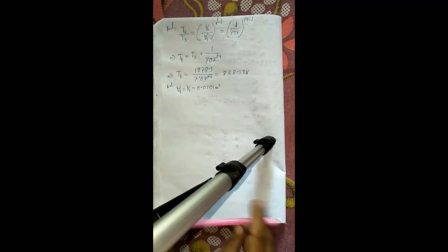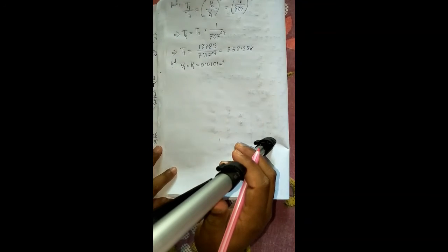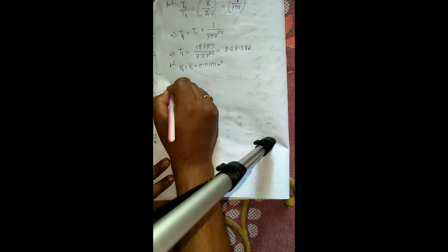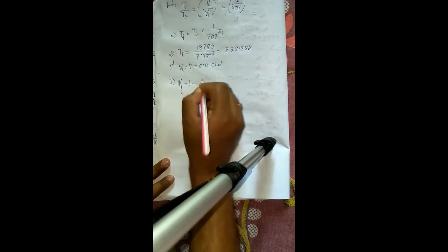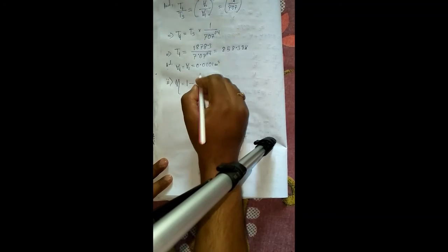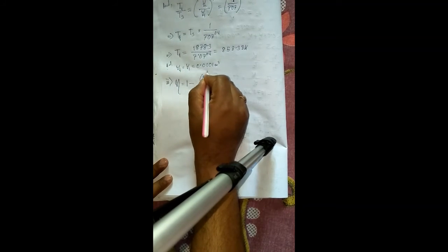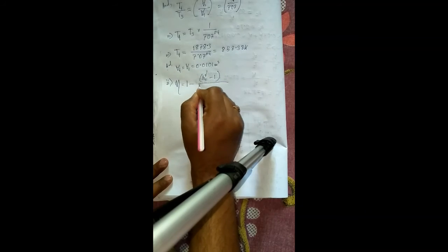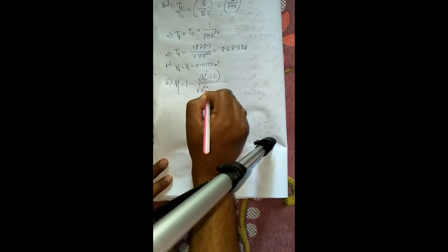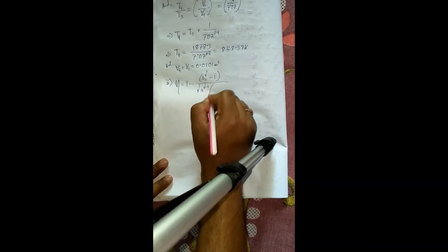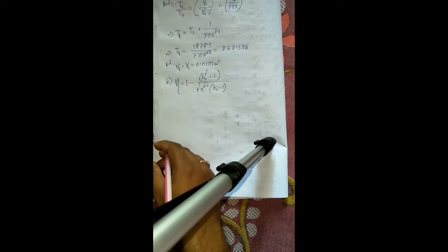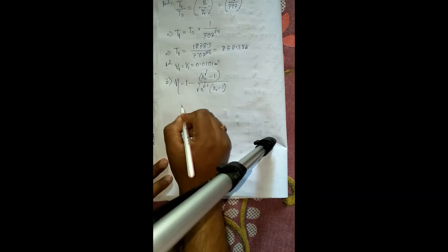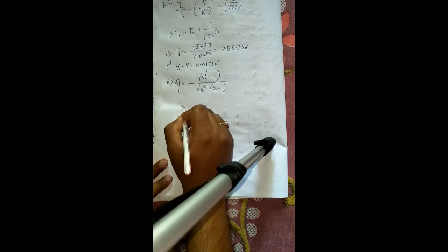So we know the efficiency formula: eta equals 1 minus cutoff ratio to the power gamma minus 1 by gamma into compression ratio to the power gamma minus 1 into cutoff ratio minus 1. This is the diesel cycle efficiency formula.